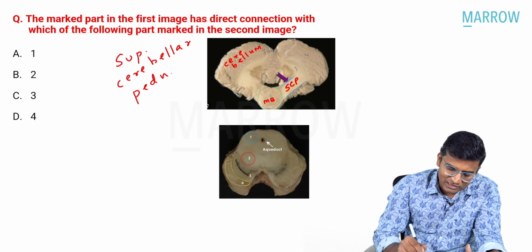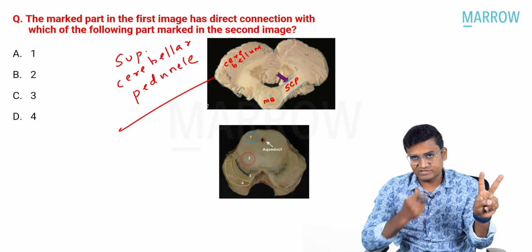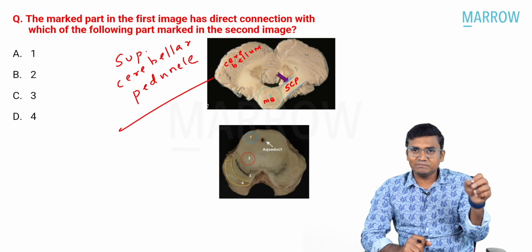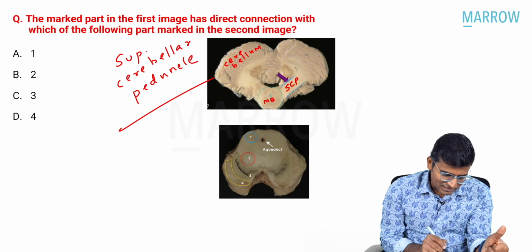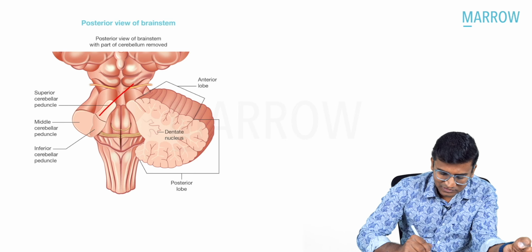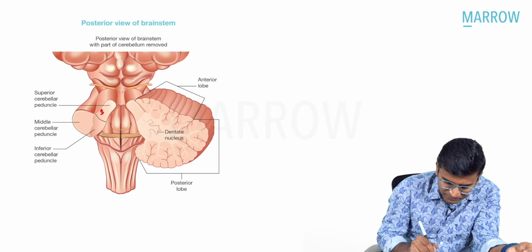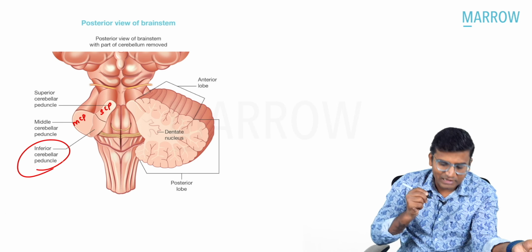Till now they have given a question on the superior cerebellar peduncle 2 times. In the 2020 AIIMS exam: decussation of the superior cerebellar peduncle takes place at midbrain, pons or medulla? What is the answer? This is the superior cerebellar peduncle, this is the middle cerebellar peduncle, and this is the inferior cerebellar peduncle.